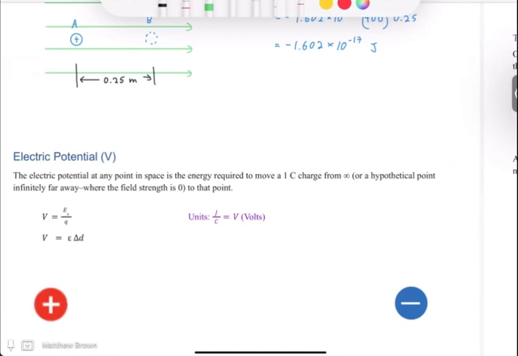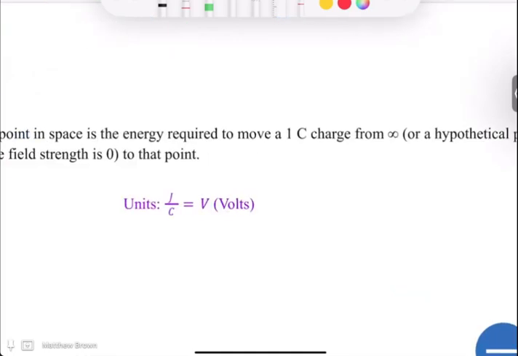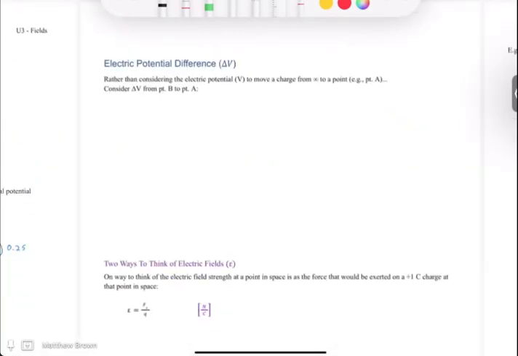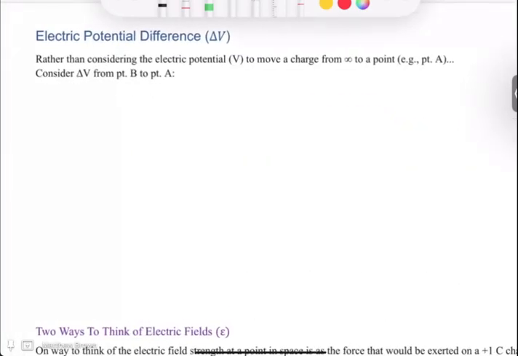I would highlight the units, joules per Coulomb, or volts. So whenever you think of voltage, just remember it's essentially energy per Coulomb or per charge. So we're just not dealing with any specific charge or the fact that there's a particle there, but are saying if there was a positive 1 charge there, that's the energy that it would experience.